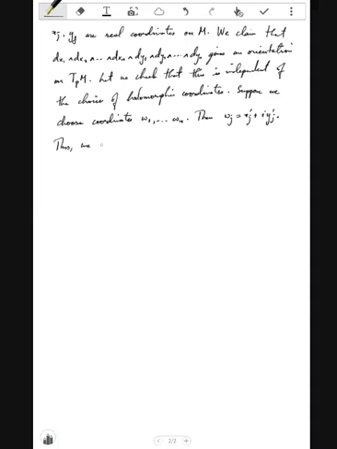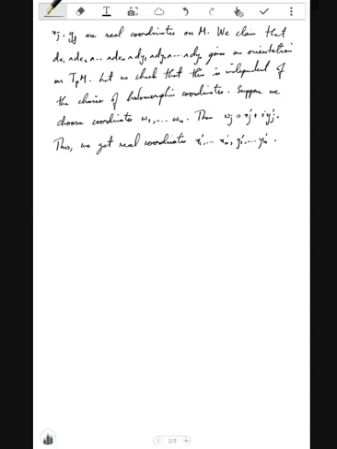Thus we get real coordinates x1 prime through xn prime, y1 prime through yn prime.